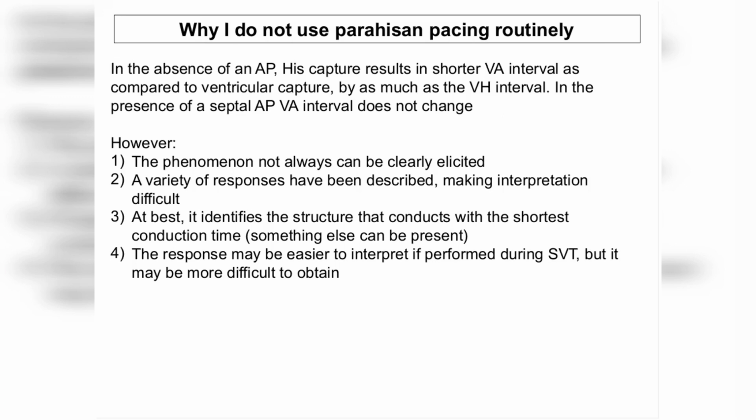Absolutely, I think this is a great point. If the His bundle recording is actually proximal, it can capture the atrium directly, and that would be totally misleading. So we have to make very sure that there is no direct capture of the atrium.